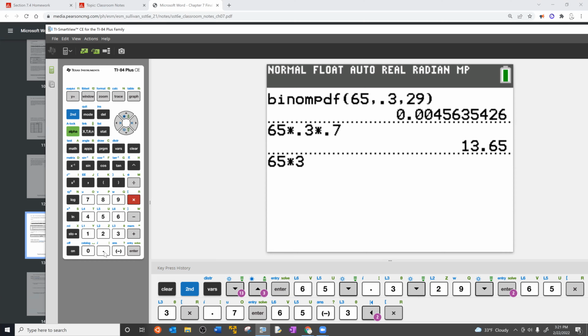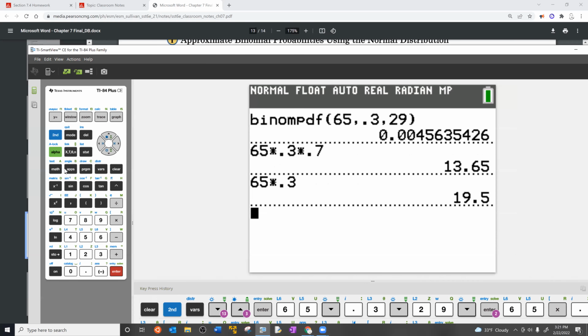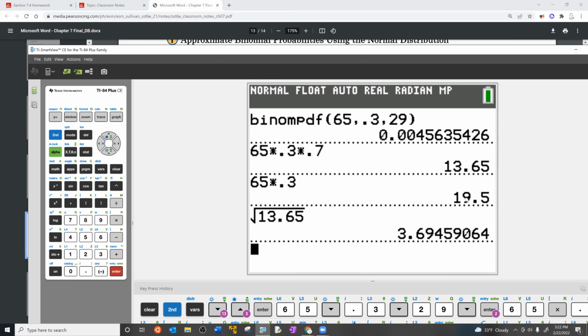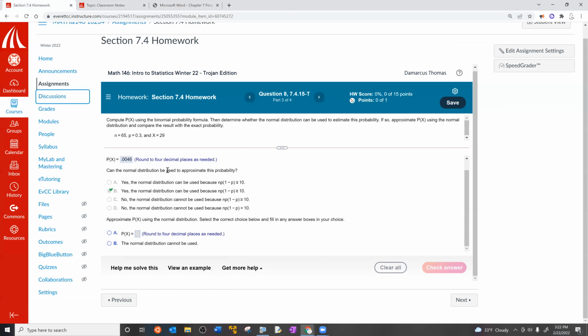This would be my mean, and then my deviation would be the square root of 13.65. So there's my mean, there's my deviation, and now we're going to use those two values to approximate with the normal distribution. Let's go back to the problem.